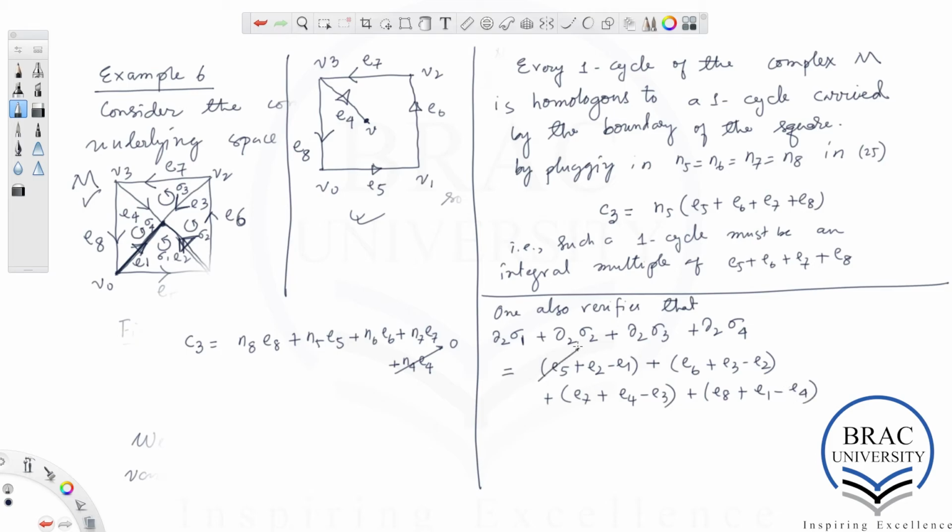So E5 cancels against that, E5 stays. E2 cancels against this E2. E1 is cancelled against this E1. E6 stays. E3 is cancelled against this E3. E4 is also cancelled against this E4, so that we have E5 plus E6 plus E7 plus E8.